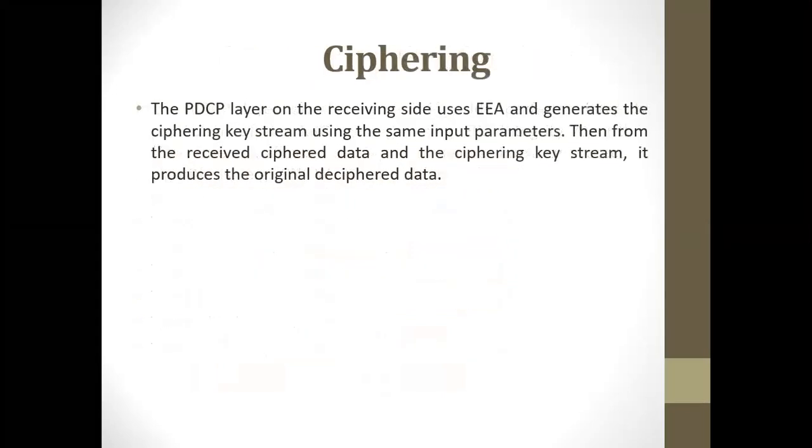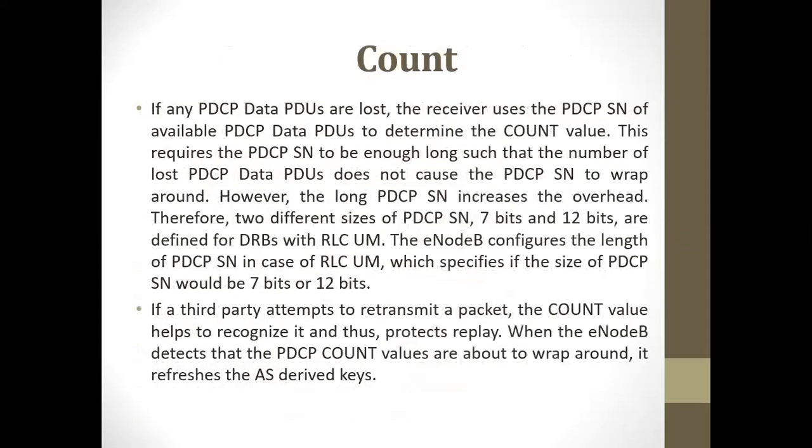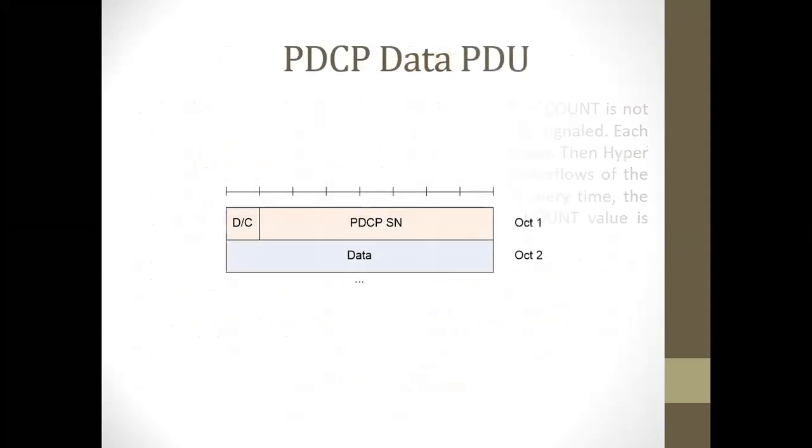Then you don't need that, or you don't have that. For data, you don't append anything at the end because you don't use integrity protection. But for control plane, you do.